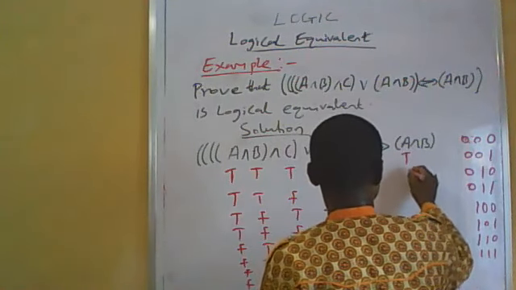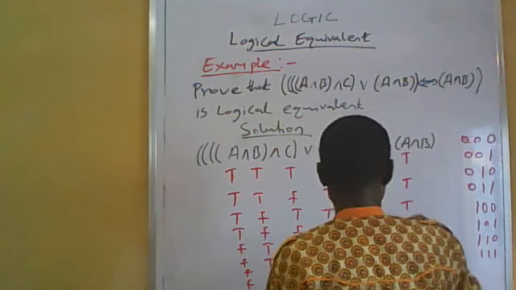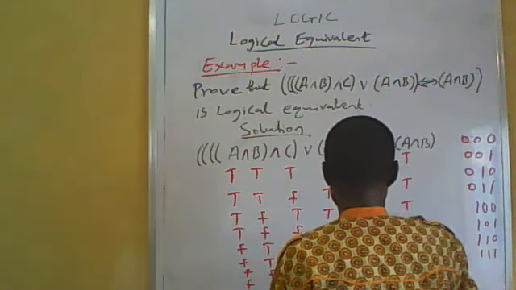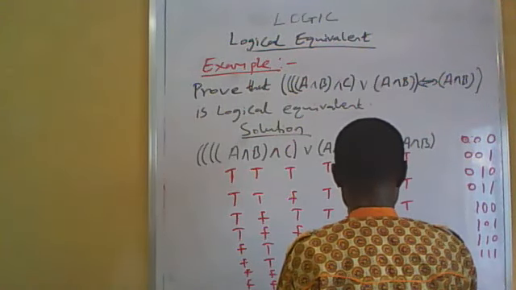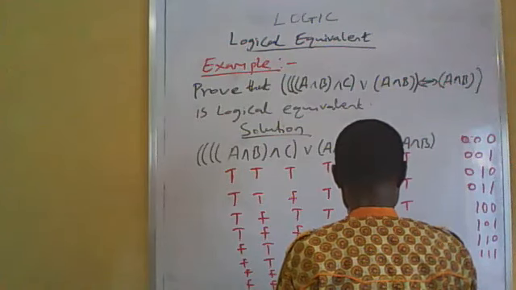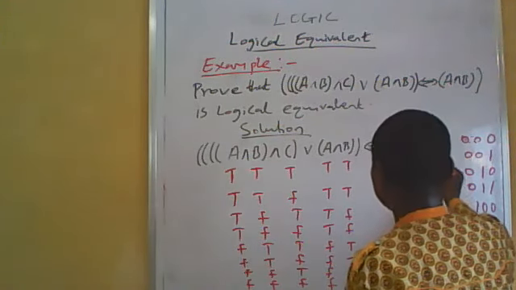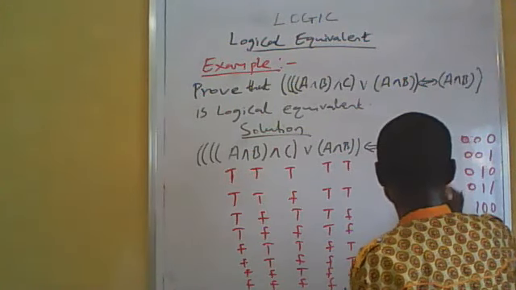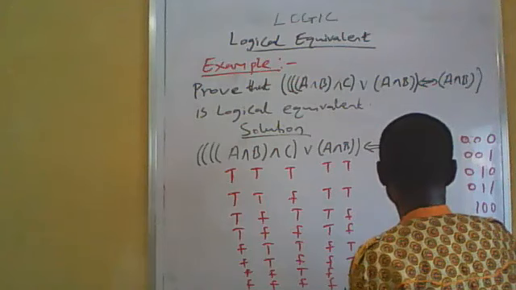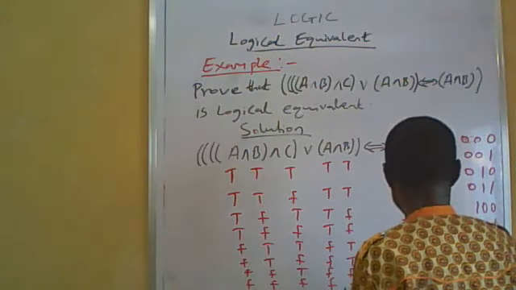T, T, T, T, F, F, F, F. Set it here. We have T, T, F, F, T, T, F, F.